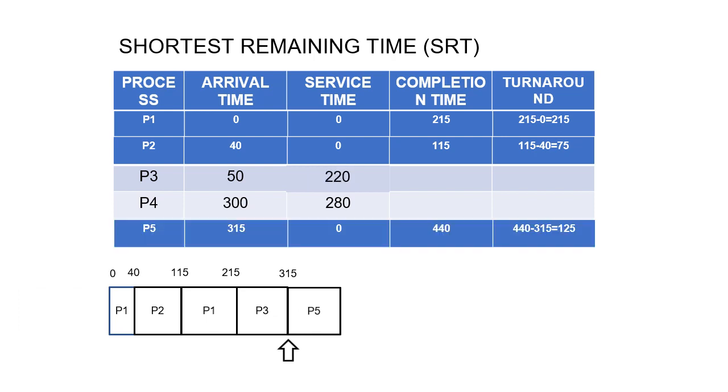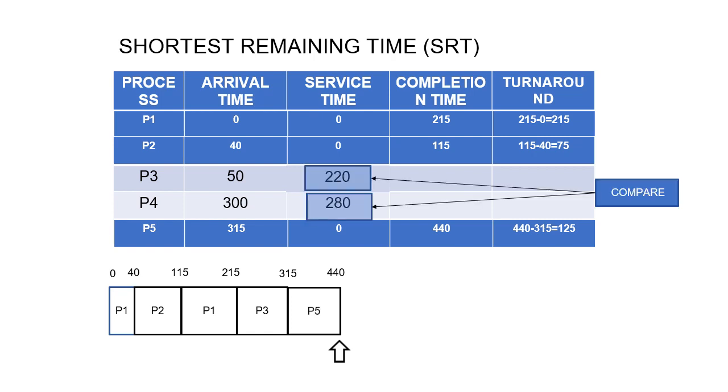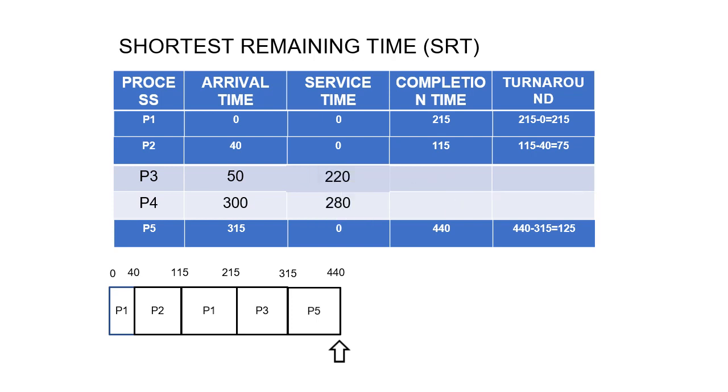The completion time of P5 is at 440 seconds, and the turnaround time is 125 seconds. The operating system then compares the remaining time of P3 and P4. P3 has the shorter remaining time, therefore it executes first.